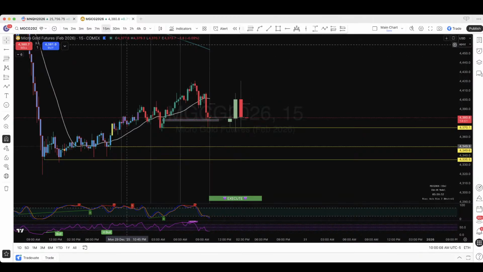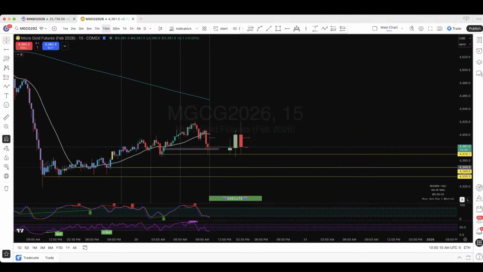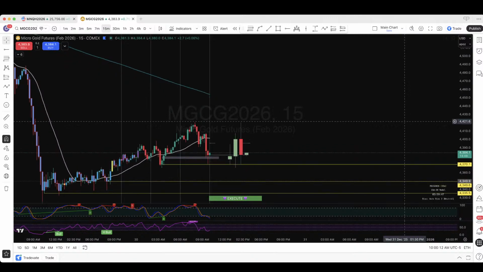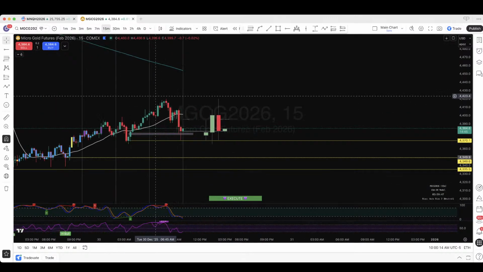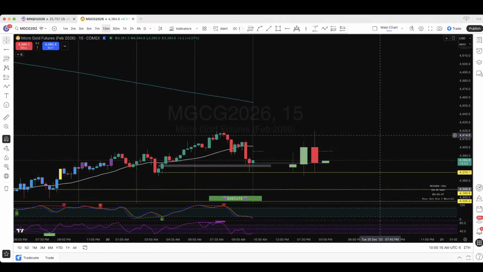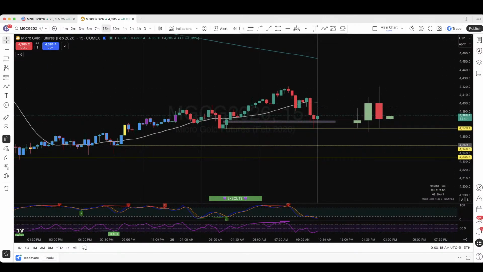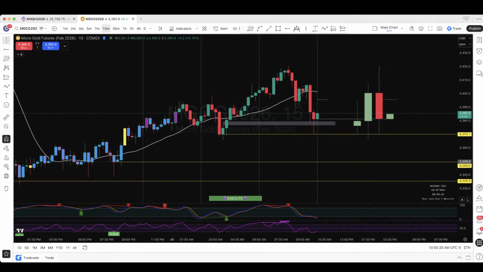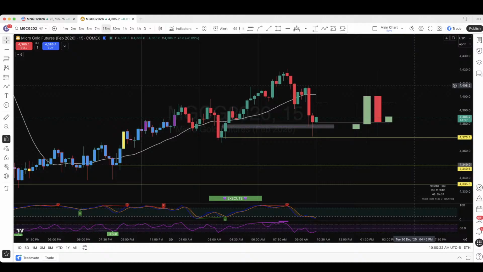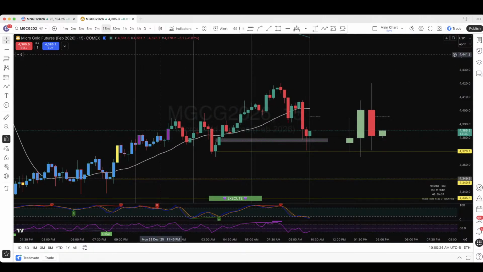There's that new candle. So far, it's doing what we want to do.